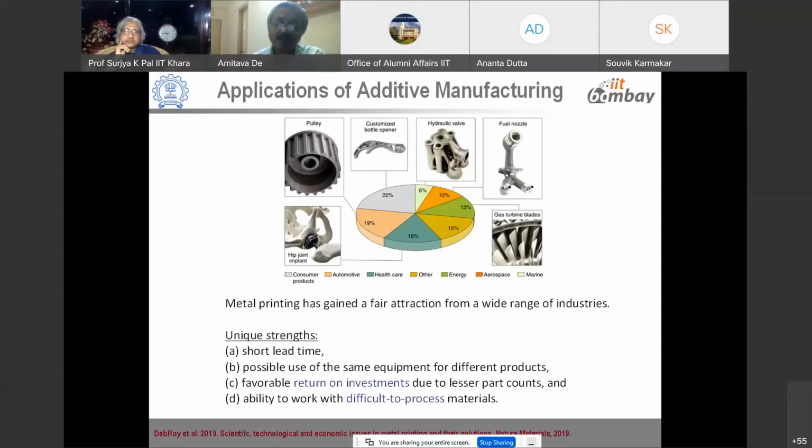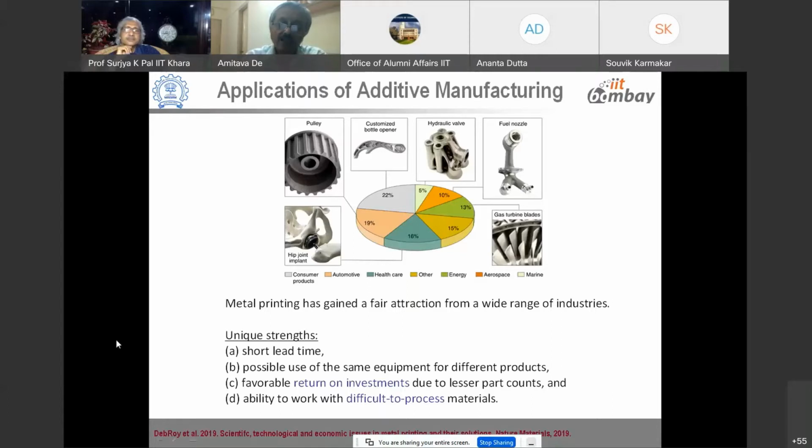Here, on the other hand, all it needs is a different kind of path planning. That's all. Otherwise, everything starts from a powder or a filler wire, and all we require is to control the melting and solidification of that part of the feedstock material in a desired manner as we need.